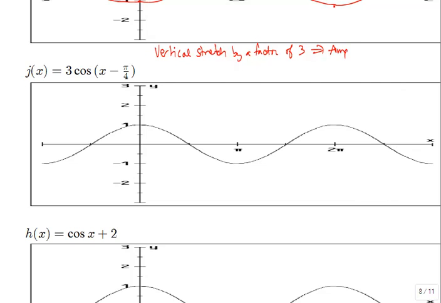So now my amplitude is going to be 3. But then this minus pi over 4 is a horizontal shift because it's still inside the parentheses. And since it's a minus, that means we're actually going to go right pi over 4. And remember, that's called a phase shift. So we have a phase shift right pi over 4.